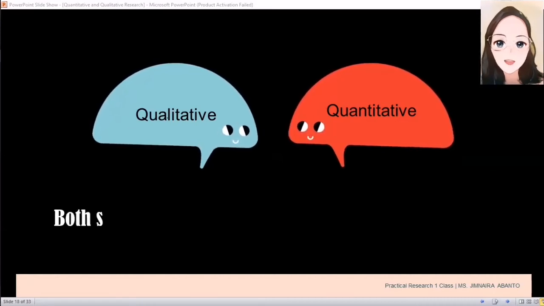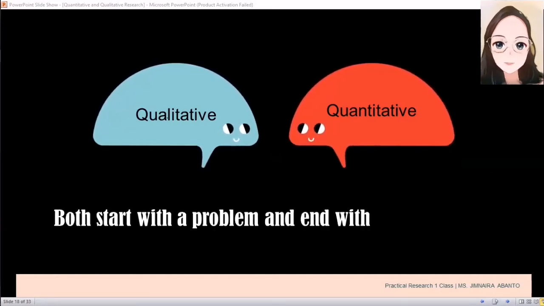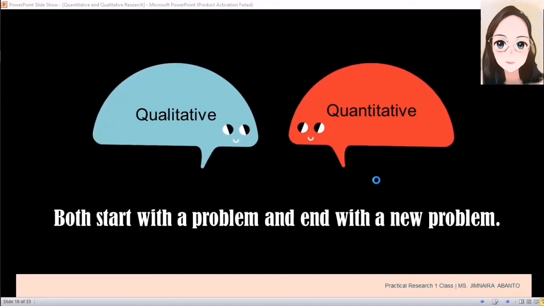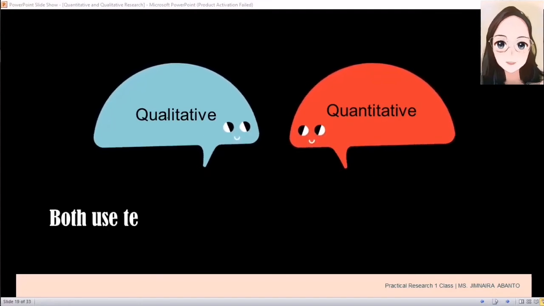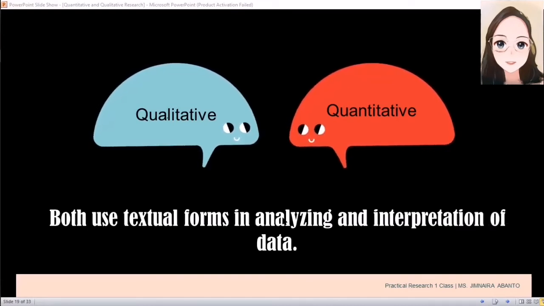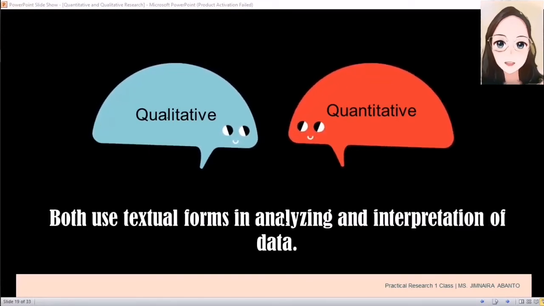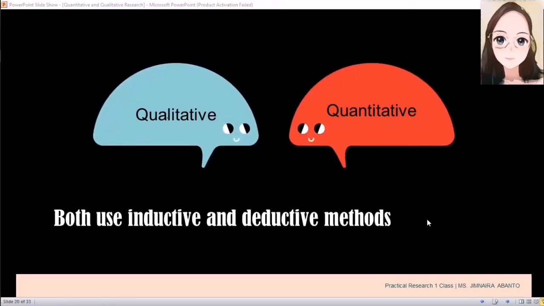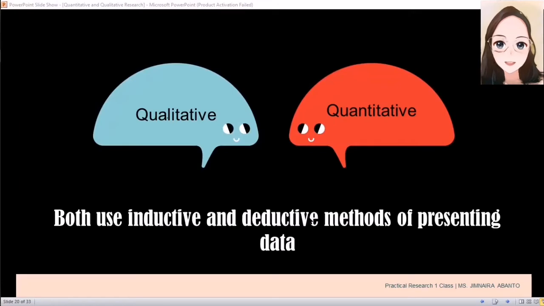Next, qualitative and quantitative research both start with a problem and end with a new problem. Next, both use textual forms in analyzing and interpretation of data. Both use inductive and deductive methods of presenting data.